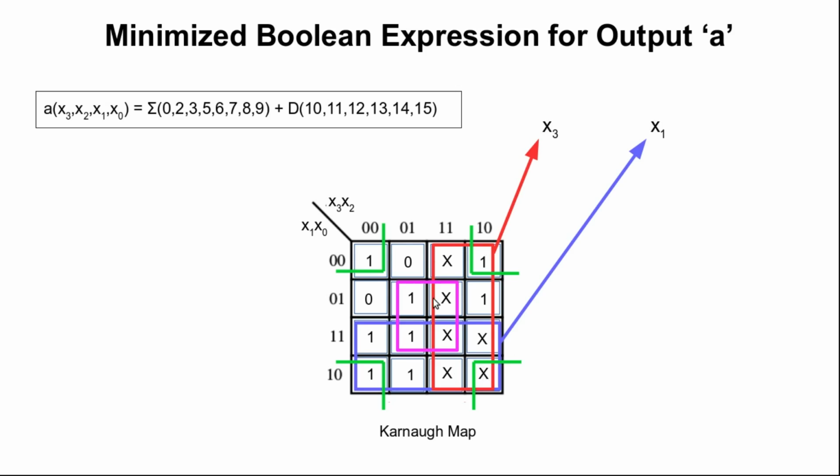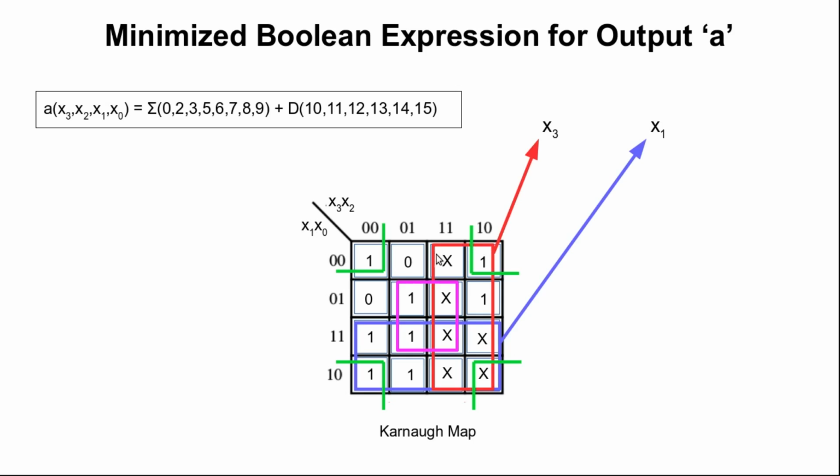So in this red colored group, row 00 is involved, row 01 is involved, row 11 is involved, row 10 is also involved. So definitely x1 and x0, the variables will change, and hence both will get discarded.